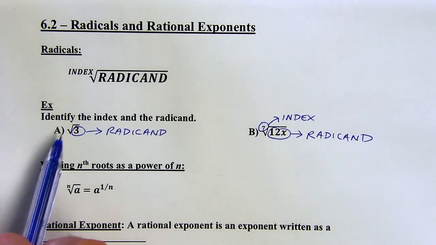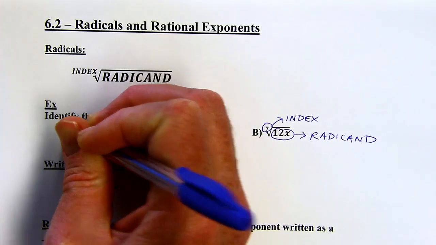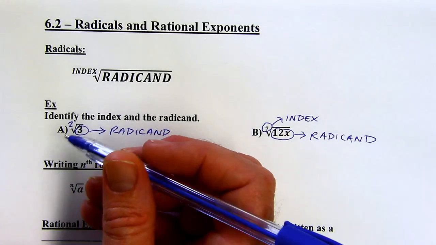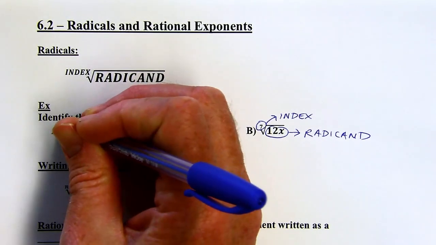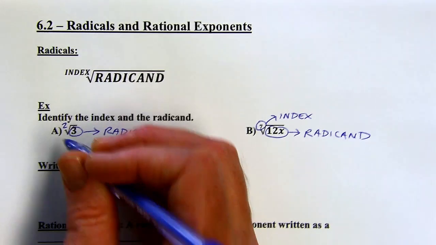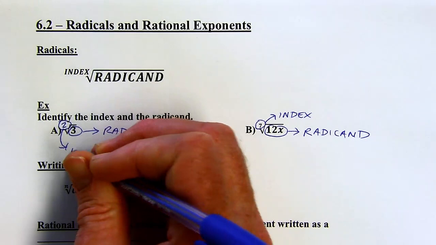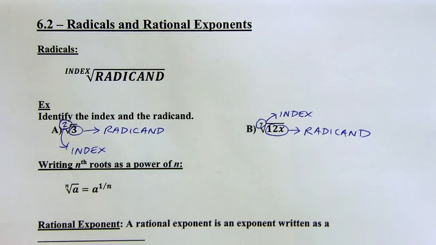So if there's not an index written, it's assumed that we're going for a square root, which means the index is 2, because we're looking for something multiplied by itself. So two pieces multiplied together, raised to the second, that's going to equal the radicand. So here, if there's no index written, the index is 2. There's a hidden 2 up there, okay?